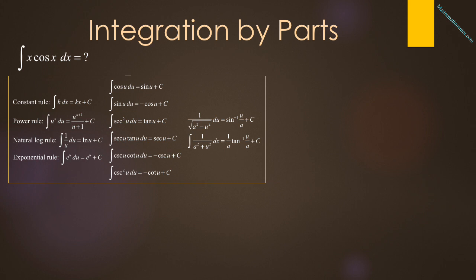We have trig rules that cover all different trig functions, but certainly nothing with x cosine x. And it certainly is not in the forms whose integral is the inverse sine and the inverse tangent. It seems that there's no way to take this integral, at least for now.